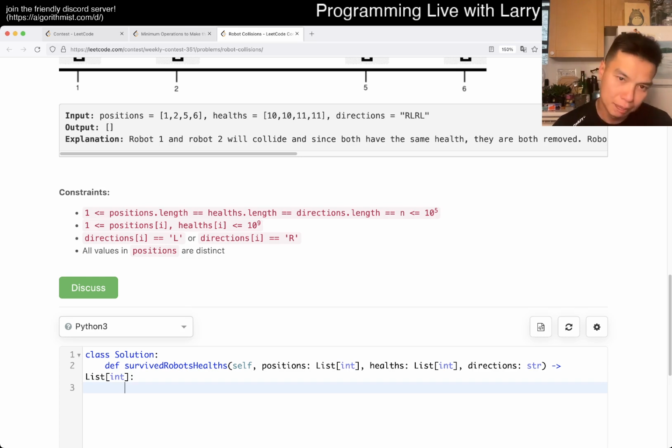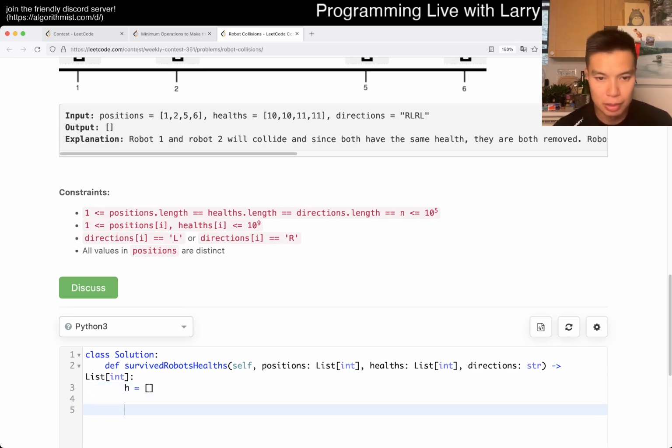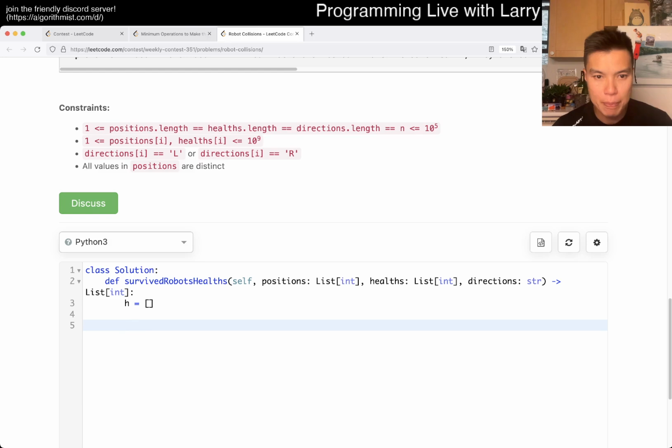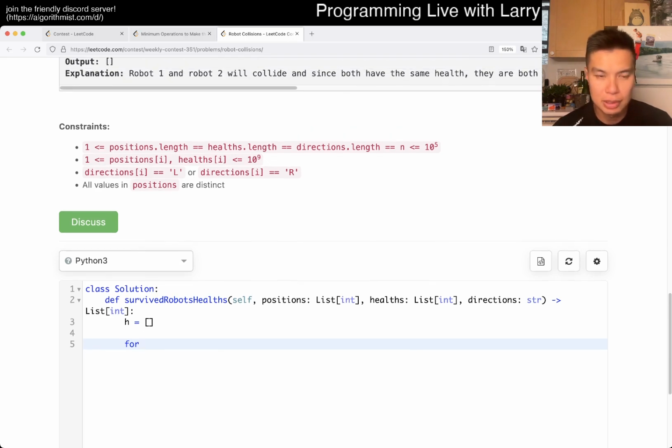Okay, so we want a heap. I don't know why, but positions are distinct but not sorted. Wait.